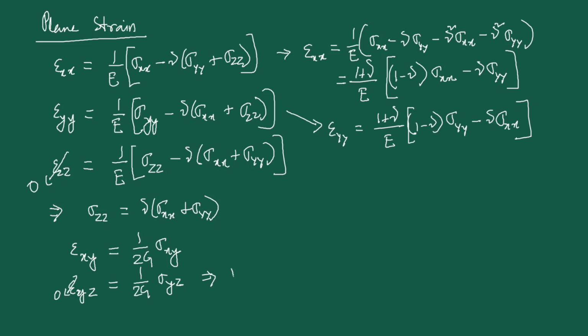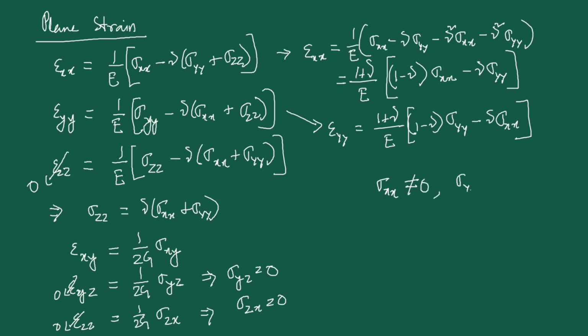This implies that sigma yz is 0, and epsilon zx is also 0, which basically means that sigma zx is also going to be 0. So overall what we have in this plane strain case is that sigma xx is not equal to 0, sigma yy is not equal to 0, and very importantly, sigma zz is also not equal to 0.